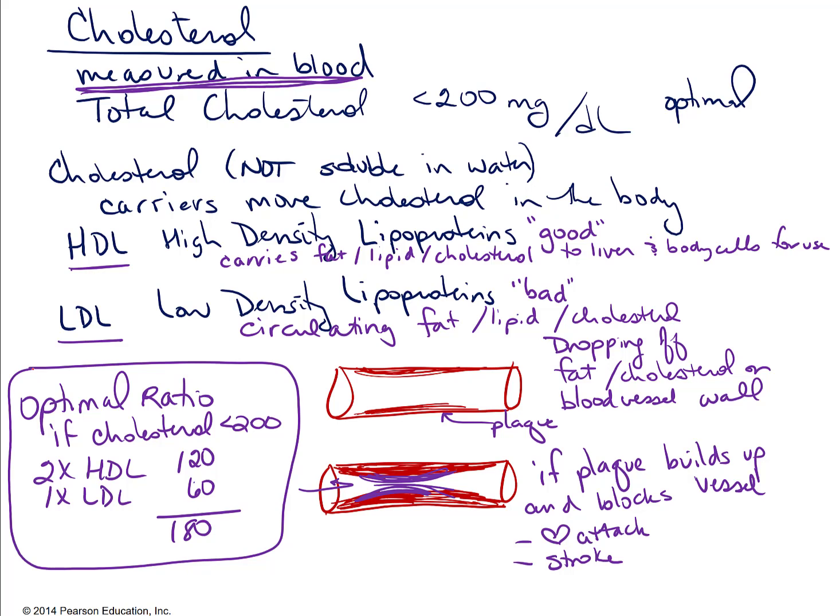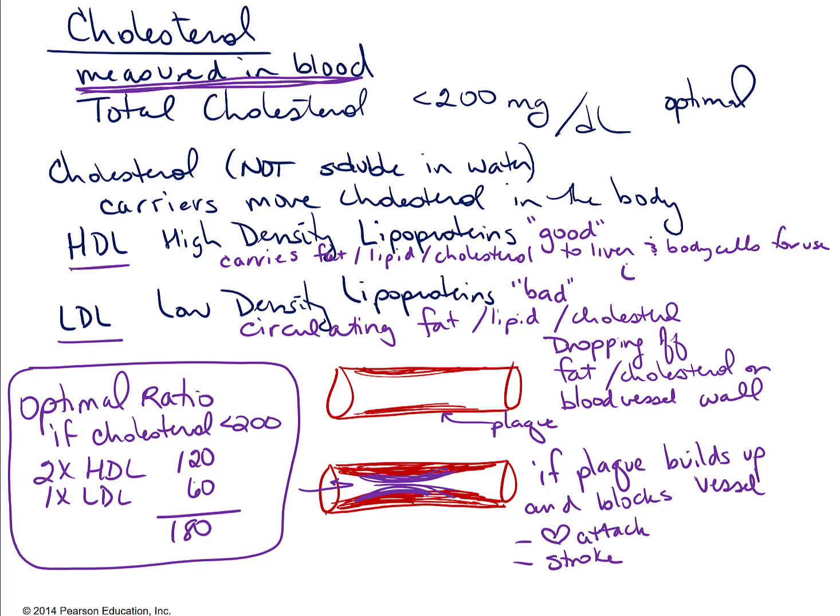Most people are about 50-50. Most people have about 80 or 90 of each. But having high HDL means, what are you doing? If you have high HDL numbers, you see that with people that exercise. They have more HDL because they burn more fat. So they don't just burn carbohydrates, they burn fat as a supplemental energy source.